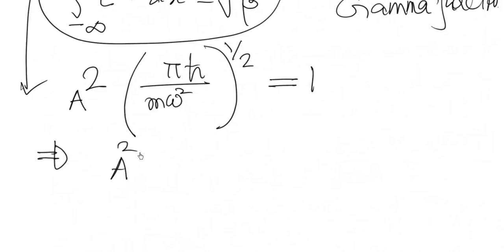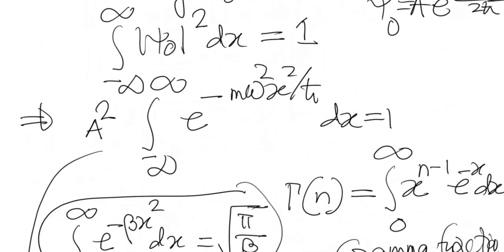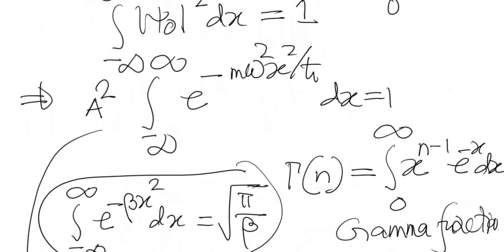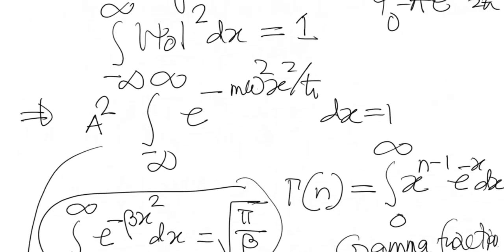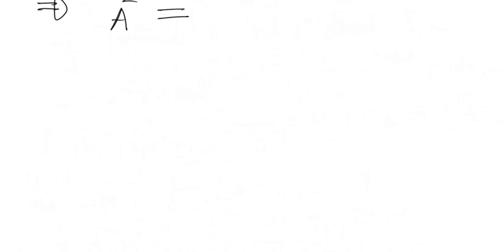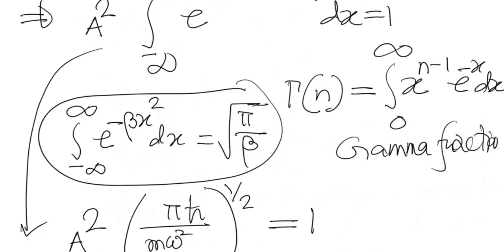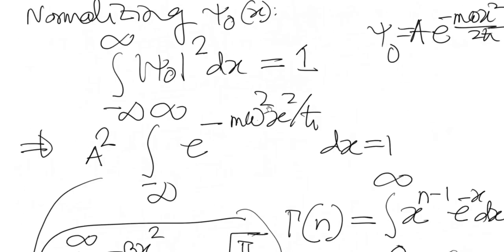So a square equal to... actually, it is not omega square, I think it is omega. This one is just m omega x square.